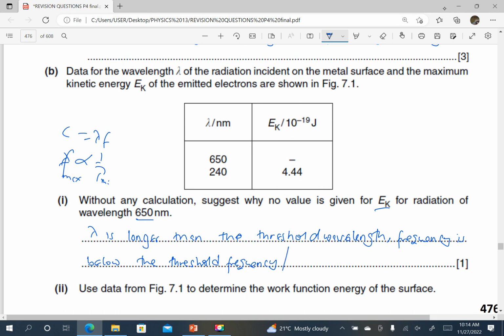Or we can even say the photon energy is less than the work function. So there is no emission if the photon energy is less than the work function.